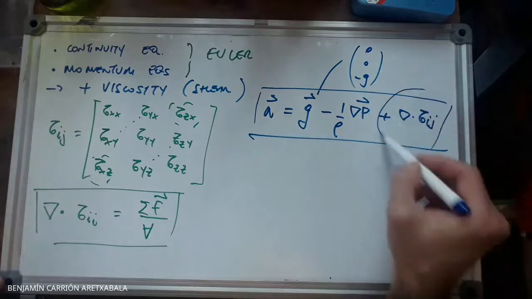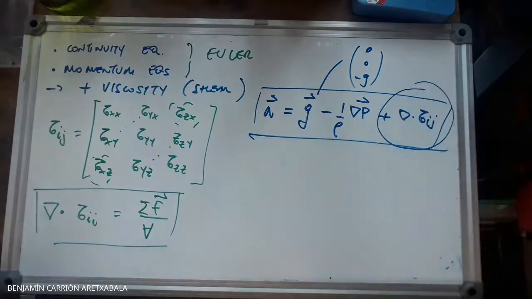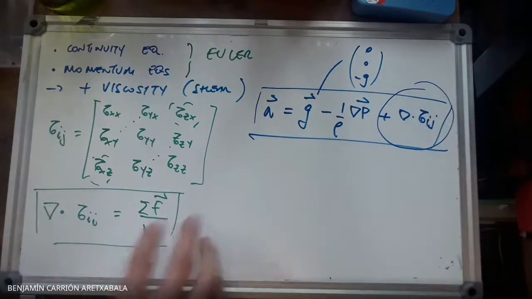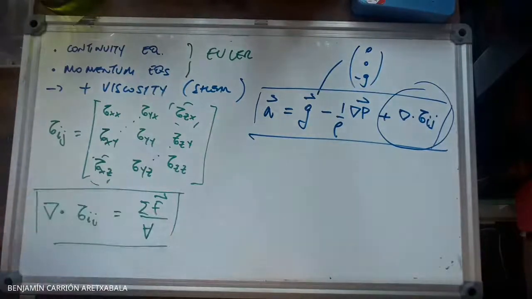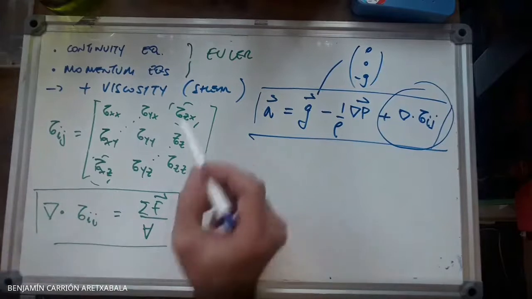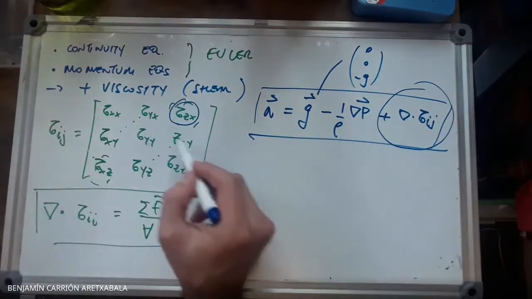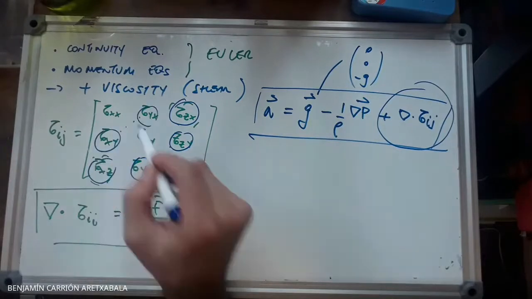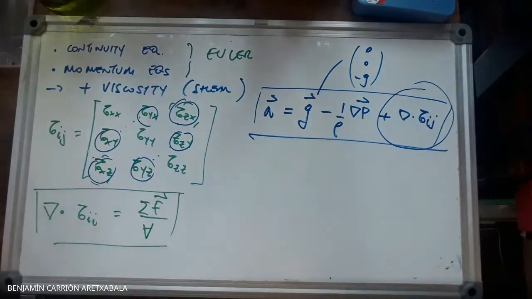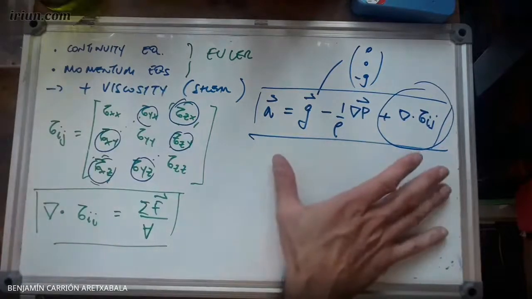So now we're adding the effect of the viscosity. This is called the viscosity tensor. And as somebody is pointing out, we know how these guys behave, or we have an idea if the fluid is Newtonian, right? Okay, so these are the Navier-Stokes equations.